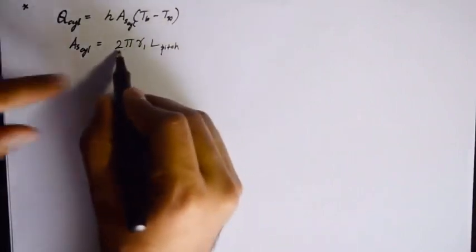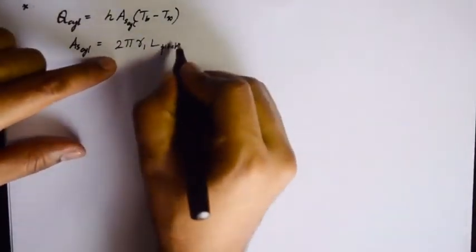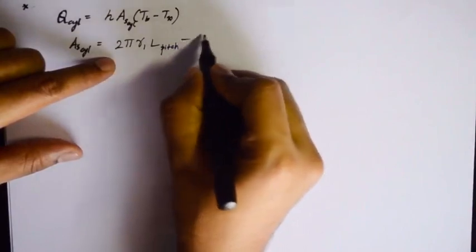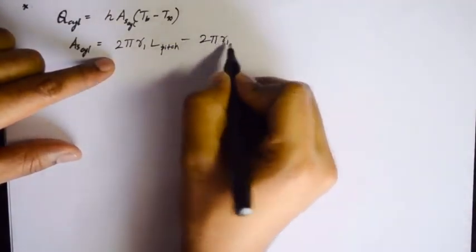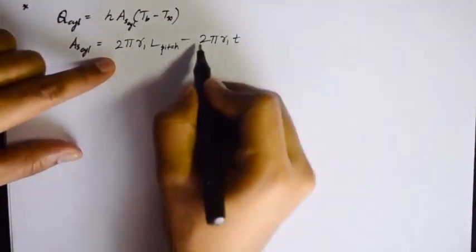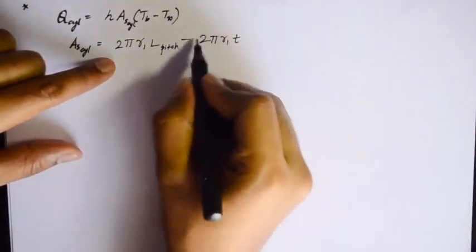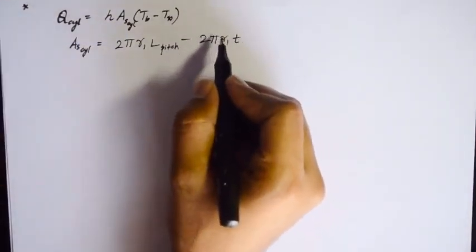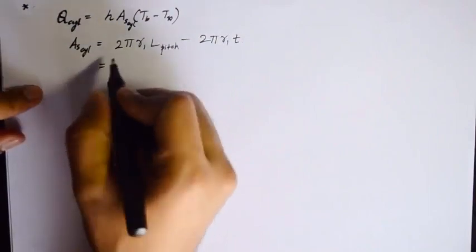So this is 2 pi r1 into L pitch, that will give you the length of cylinder exposed, minus again the same radius 2 pi r1 into the thickness. This will give you the area of the fin that is occupied in the bare cylinder, right? So you substitute and get the answer.